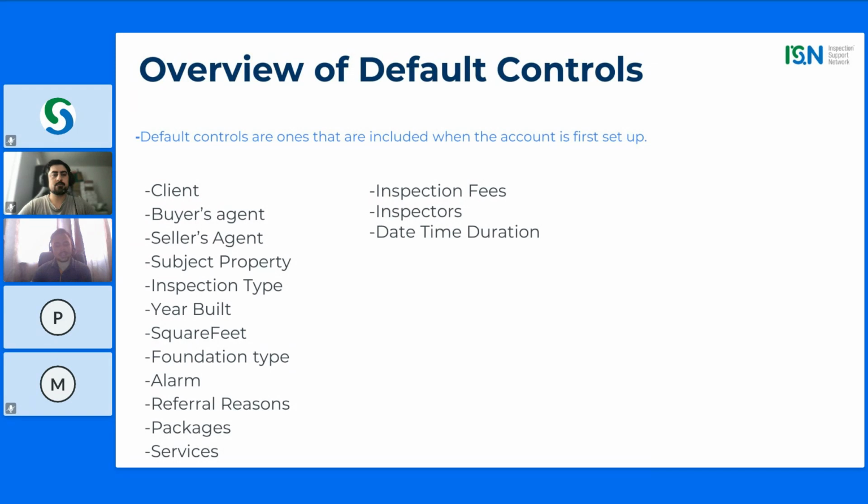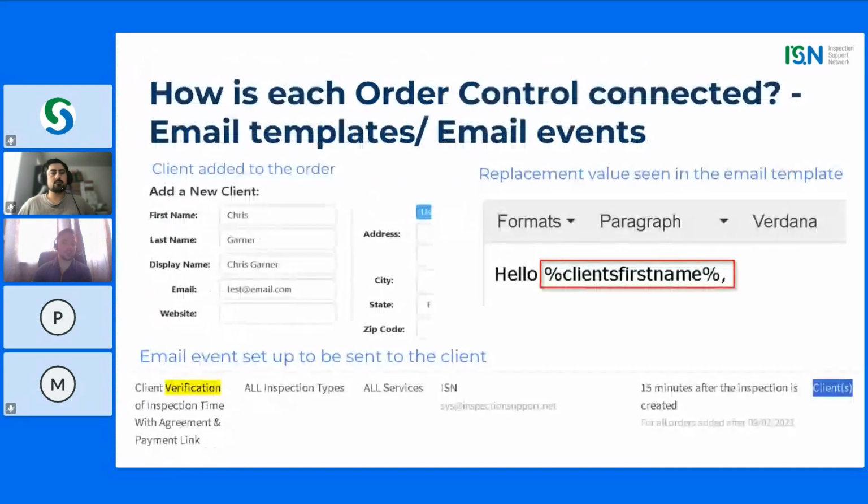These ideally are recommended to be kept, not hidden, not deleted, just as a best practice to allow the functionality between what you enter in ISN and just allow a smooth experience overall. In this list, you also have inspection fees, and your list of inspectors. Whenever you're picking which inspector will be assigned to each order, that'll be done via that control.